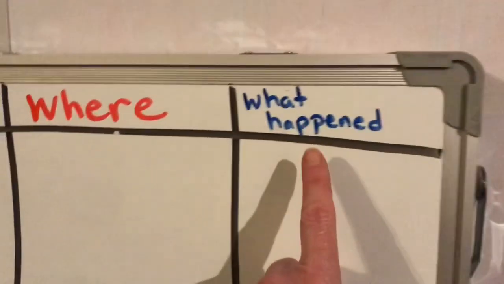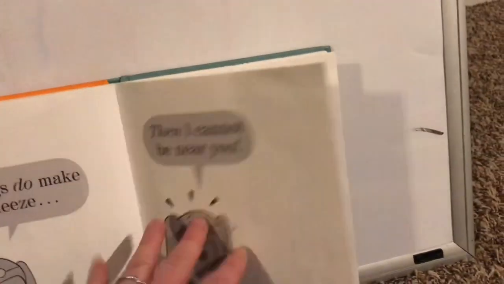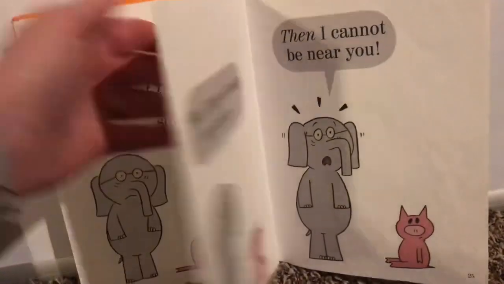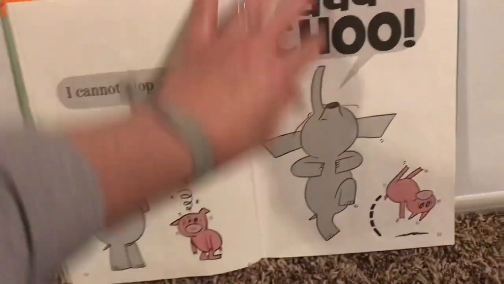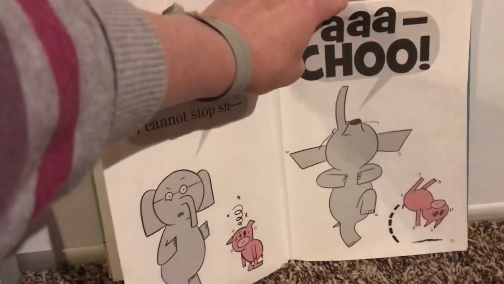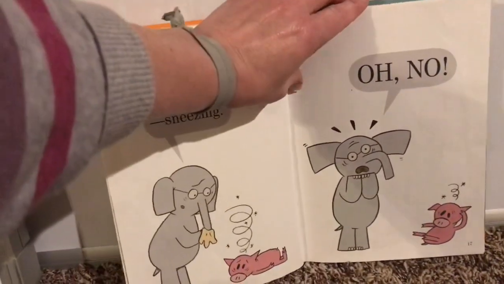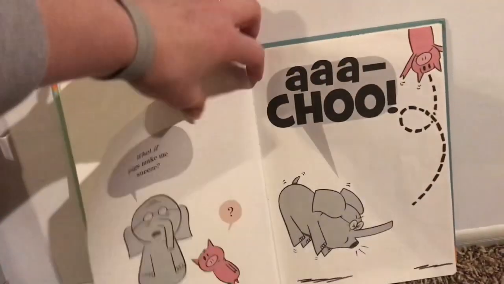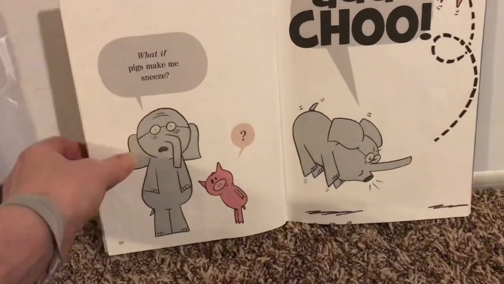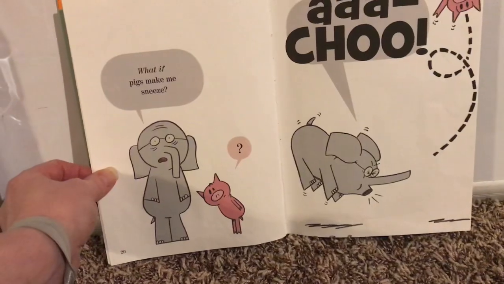That kind of goes to the what happened. If you think about the what happened in the story, if you remember, Piggy and Gerald were talking and Gerald kept sneezing over and over and over again. Do you remember that? And he was worried that maybe he was allergic to Piggy and Piggy was his best friend. So do you see the what's happening?